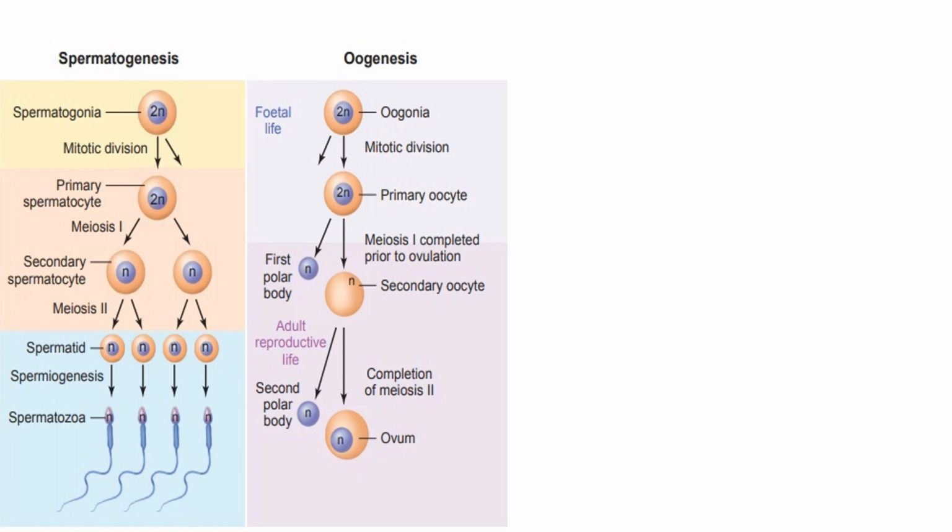Then the gametes per germ cell. A single spermatogonium will give rise to four spermatids or spermatozoa, and in oogenesis a single oogonium will give rise to only a single mature ovum. Spermatogenesis begins at puberty, whereas oogenesis begins in prenatal life. What is the time of gamete formation?